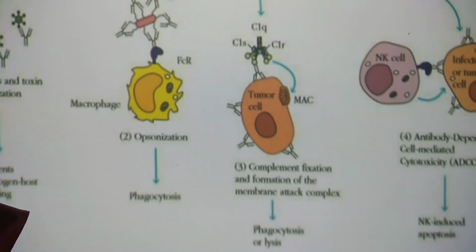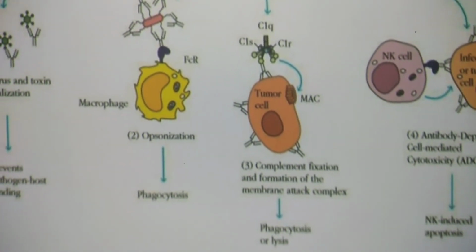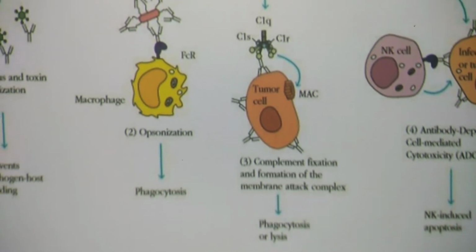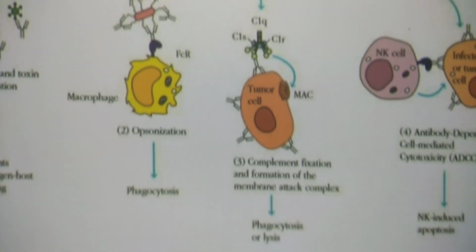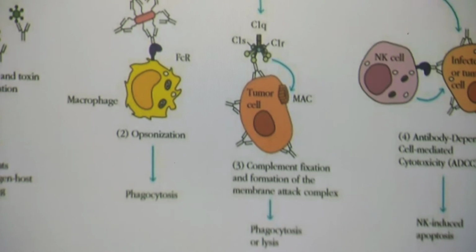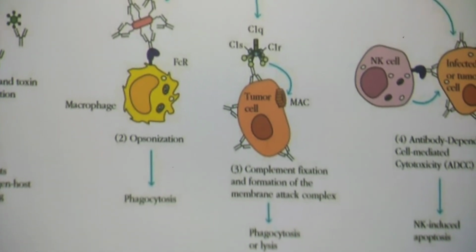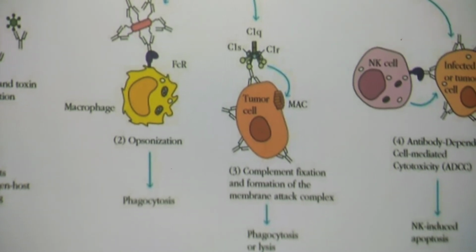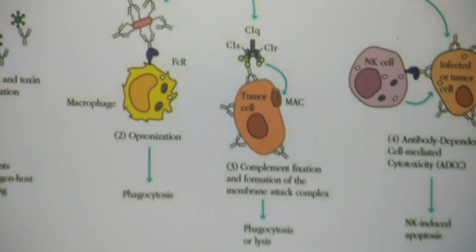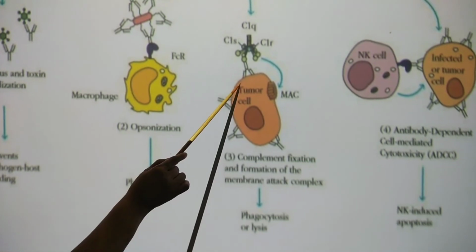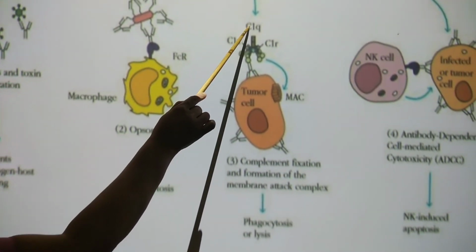Complement components are present in the serum. Whether antigen enters or not, they are there, produced by the liver cells. But if they have to function or become active, they need the help of the antigen-antibody complex. So this complex is able to activate them.